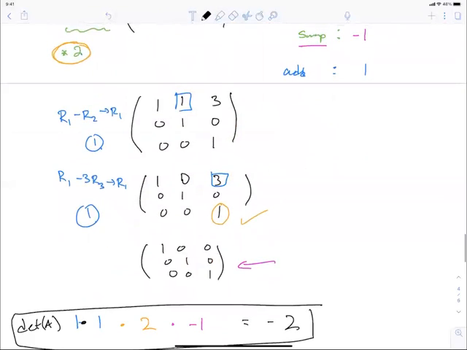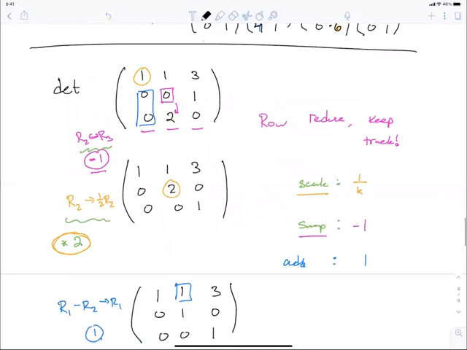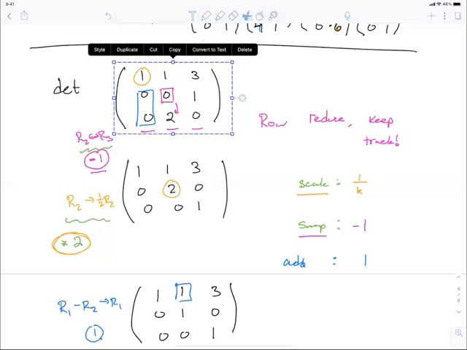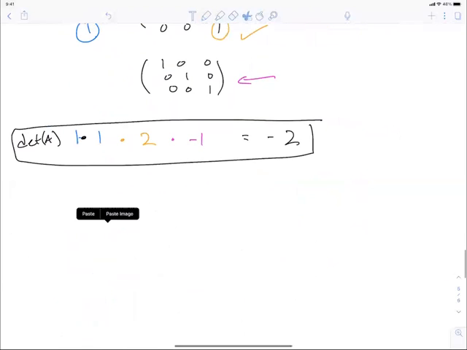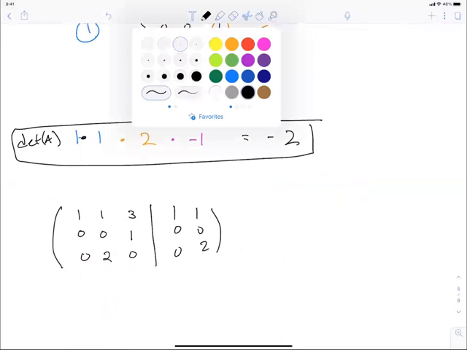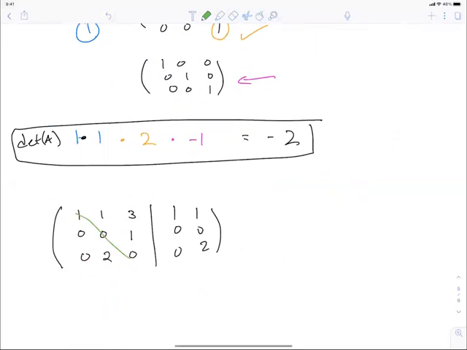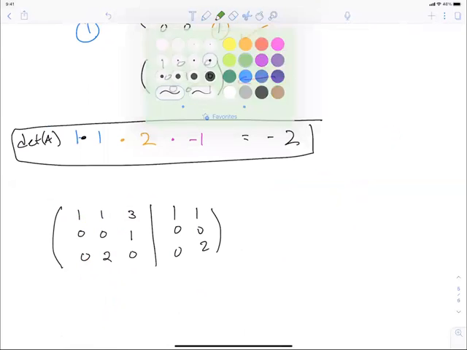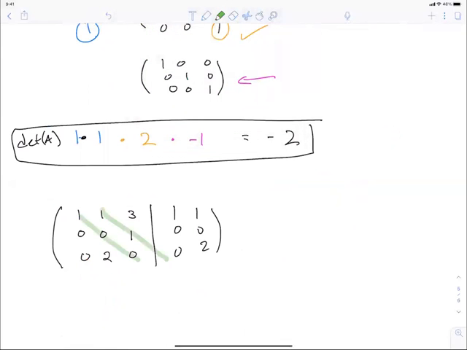And let's just check this answer with what we know. Using our nice formula, let's check this answer. I'm going to use the method where we rewrite the first 2 rows and just look at the diagonals. We have these positive diagonals right here, and those are going to give us 0 plus 0 plus 0.